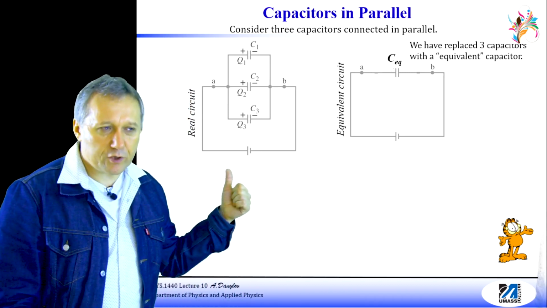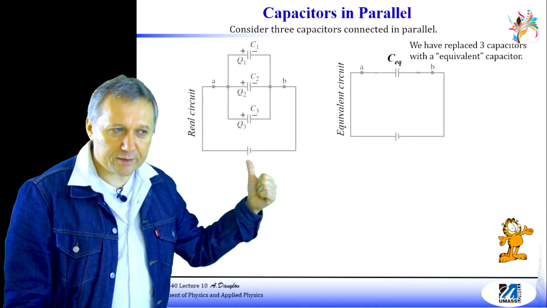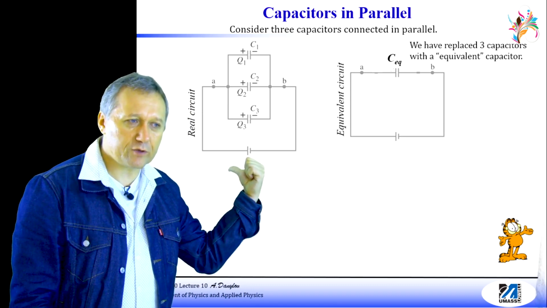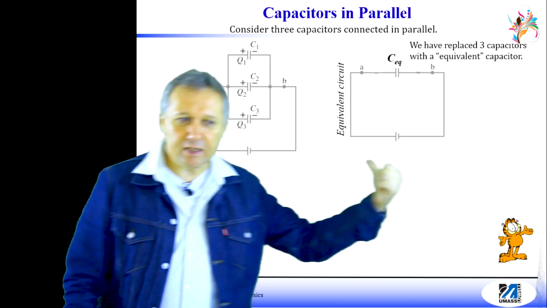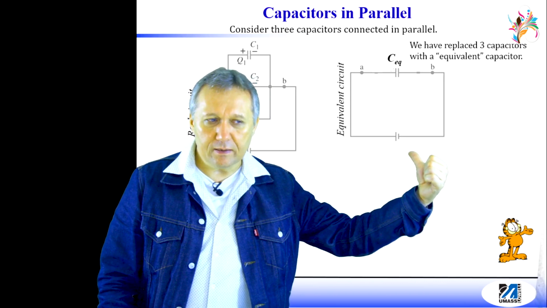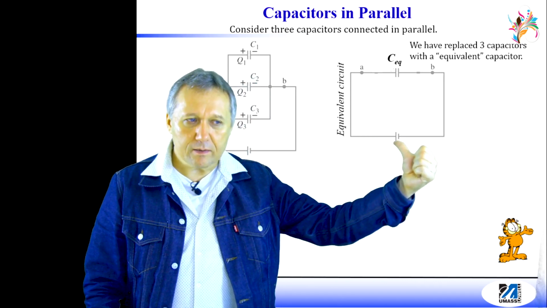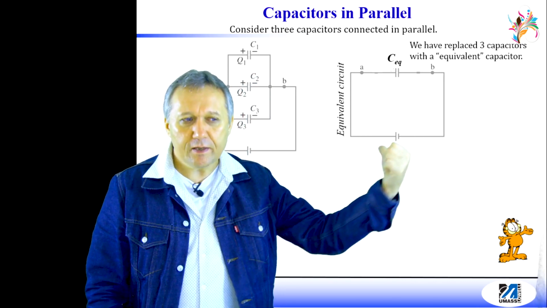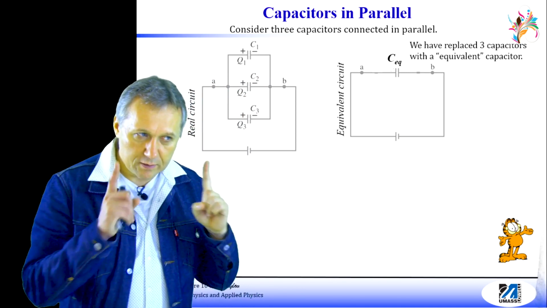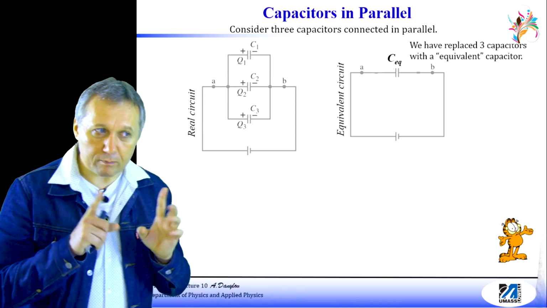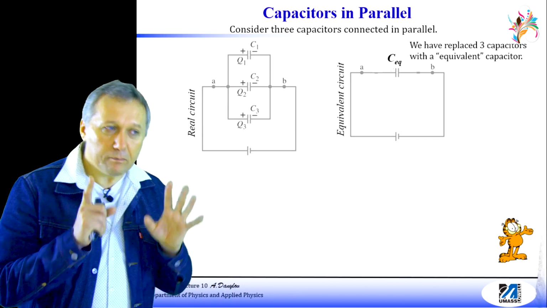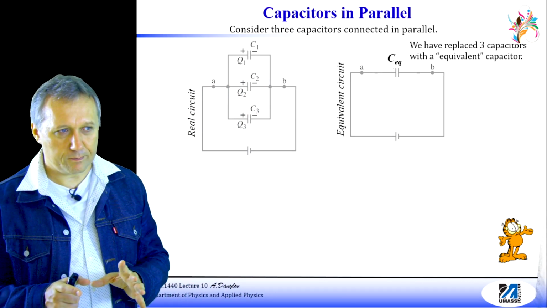If some amount of charge is taken from this battery in the real circuit, let's say 5 coulomb of charge left, exactly the same amount of charge must leave the battery in the equivalent circuit. It's very important. The rest of the circuit must work in exactly the same way, must not be disturbed.